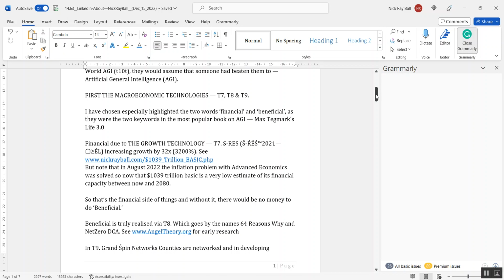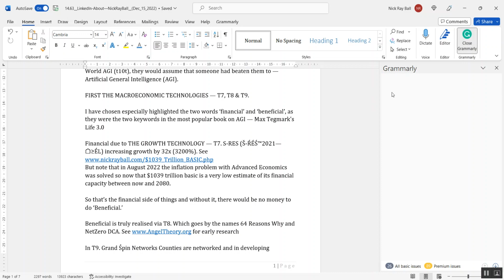See nickrayball.com/1039 trillion basic.php. But note that in August 22, the inflation problem with advanced economics was solved. So now that 1032 trillion basic is a very low estimate of its financial capacity between now and 2080. So that's the financial side of things.